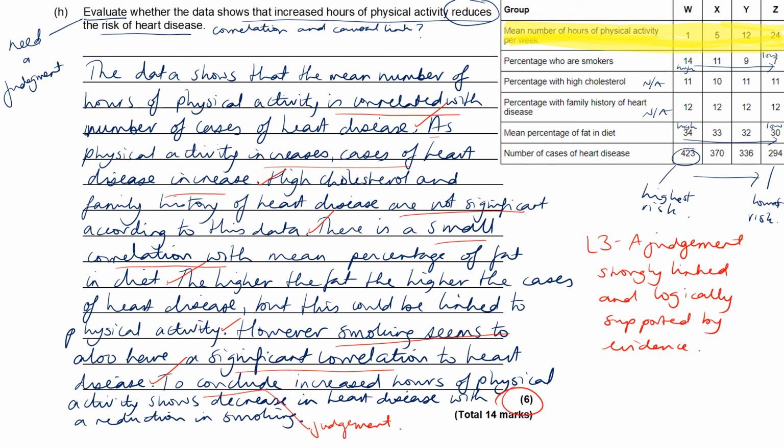Hopefully, you can see how important it is to read and annotate the blurb in the question and all the information that is supplied in the question in order for you to be able to answer it with the best possible knowledge. I also hope that you can see that in the higher tier paper, there is still a range of information that you need to memorize and you need to be able to recall. And so the revised Science with Me playlist has a lot of videos that will help you to make interactive revision tools to help you with this.